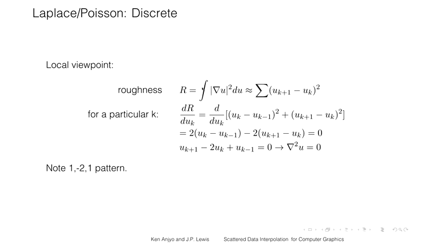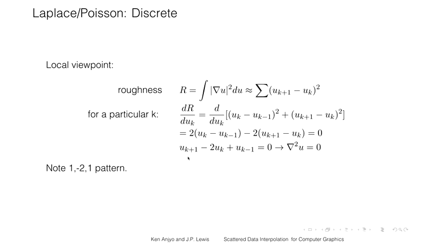So we're going to say that the gradient, taking the one-dimensional case, that's the derivative squared, and we're going to approximate that with our first finite difference. So just the difference between ourselves and the guy next to us squared. And let's say that the spacing is 1, so we don't have a 1 over h sort of thing. So take the derivative of this sum with respect to the point that we're trying to change. So that's u sub k, unknown at location k.